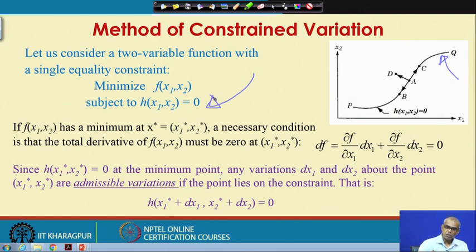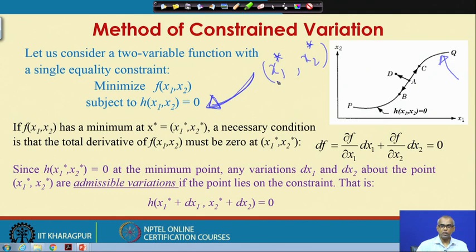That means, the points still satisfy the constraint h equal to 0. But any variation along D will violate the constraint and is not an admissible variation. So, I know x1 star and x2 star satisfies the constraint.